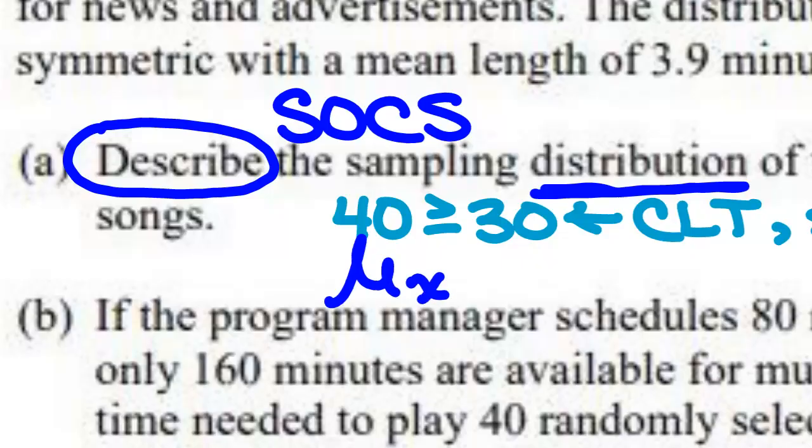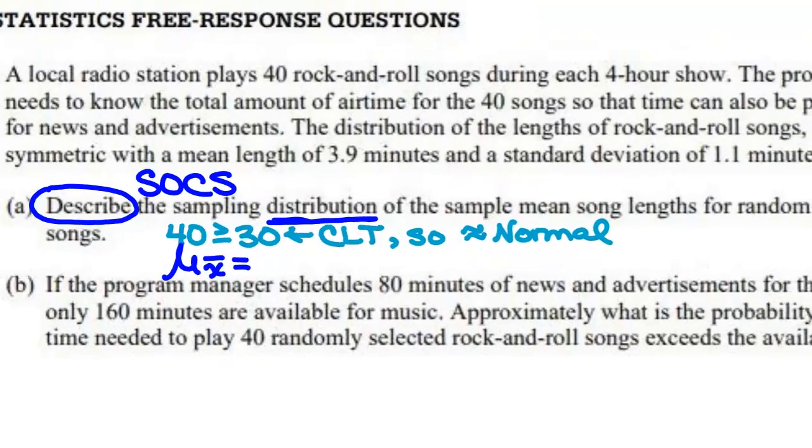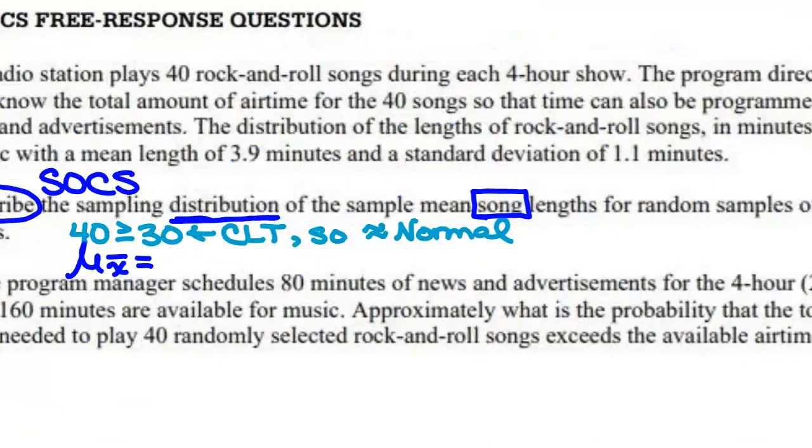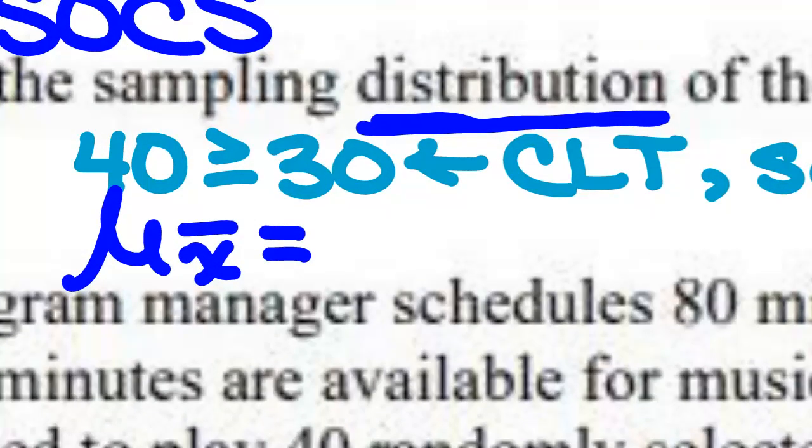for the sampling distribution, it says the sample mean song lengths. So we're looking at the average of how many songs? The average of 40 songs, but we're looking at how many songs each time, according to this.